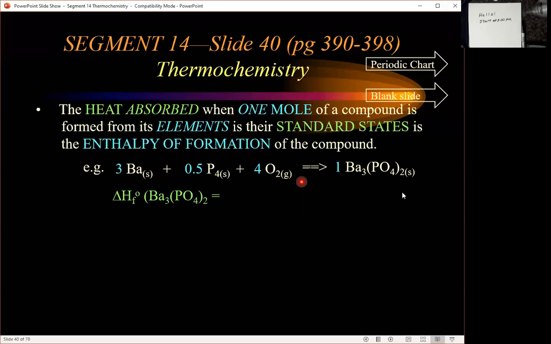So the heat flow that I might measure in this reaction would be the standard heat of formation for barium phosphate. The number that you could find in the back of your book is minus 4176 kilojoules per mole. Now, can we actually carry out that reaction?